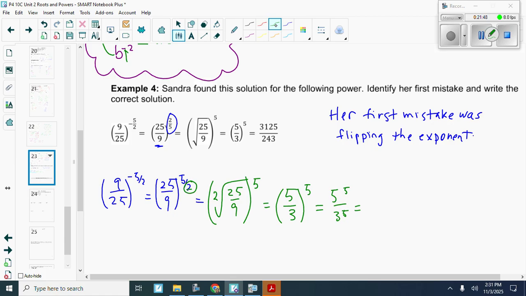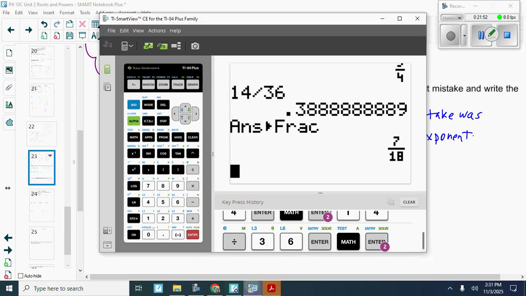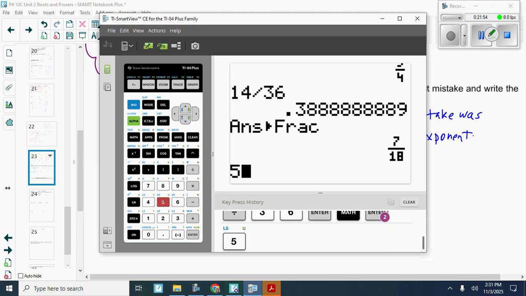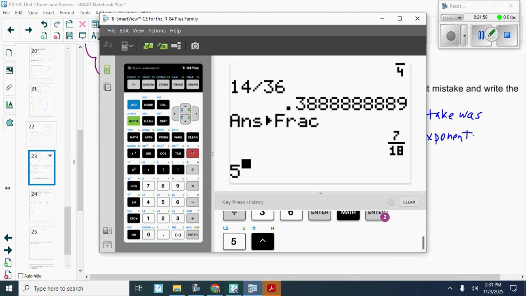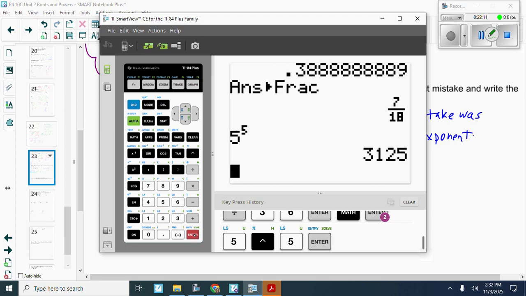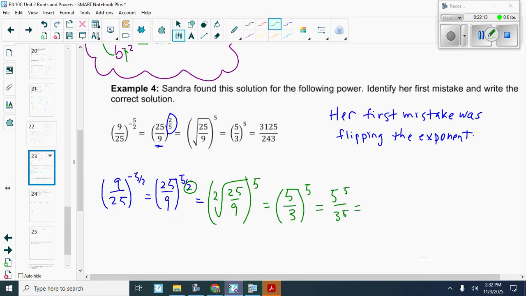Make sure that you remember with your calculator: 5 to the power 5, so 5, and you're going to use this caret button right here, and then it will give it to you as an exponent. If you have a TI-83, an old one like mine, it might not show it as a raised exponent. It might just show you the caret, which is okay. 3,125.